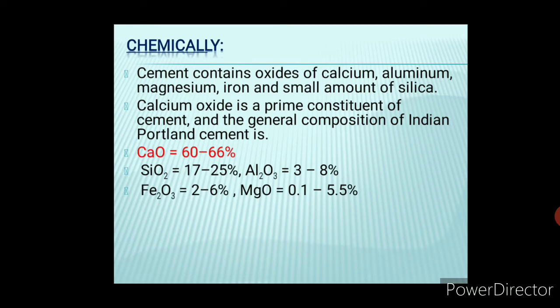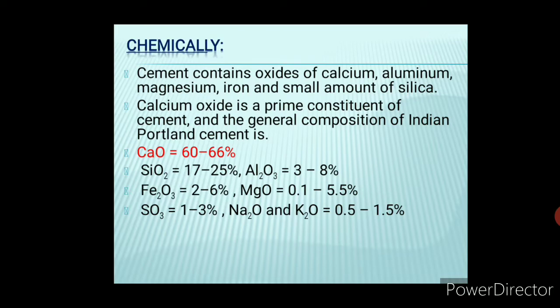It has Fe2O3 2 to 6%, MgO 0.1 to 5.5%, SO3, which is sulfur trioxide, 1 to 3%, then Na2O and K2O, which are sodium oxide and potassium oxide, 0.5 to 1.5%.